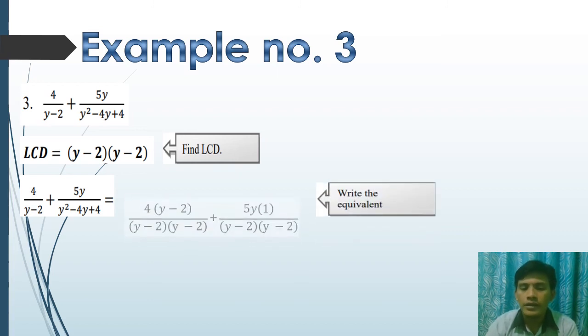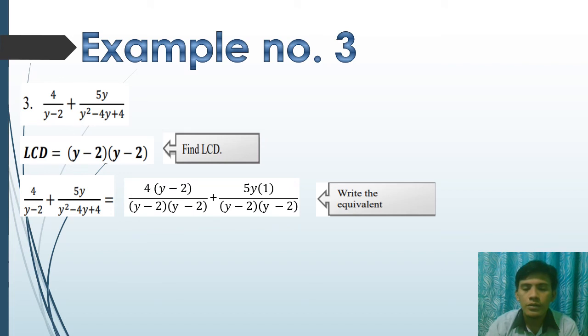Write the equivalent. y minus 2 quantity y minus 2 divided by y minus 2. y minus 2 divided by y minus 2 is equal to what? So cancel out. The remaining is y minus 2. y minus 2 will be multiplied to the old numerator, and that is 4.